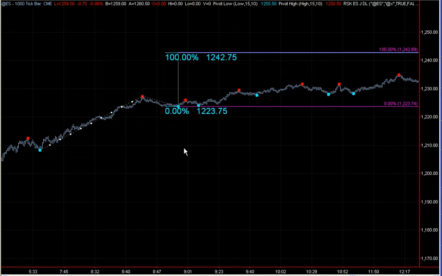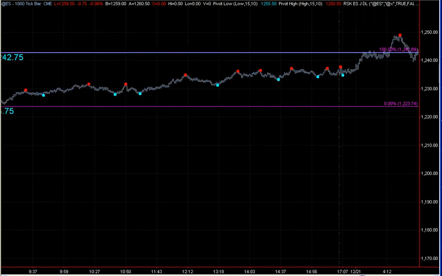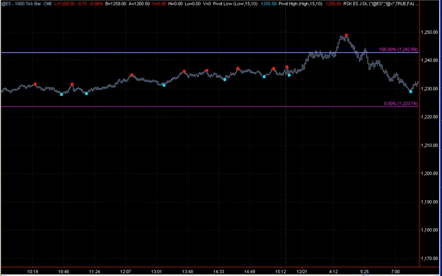Again, it will look back based on our definitions and identify the exact price of our pivot points when it draws the line. Our rule, once again, if we go above the 100% line, we recalculate. So over here, that line would disappear. It's really that simple.